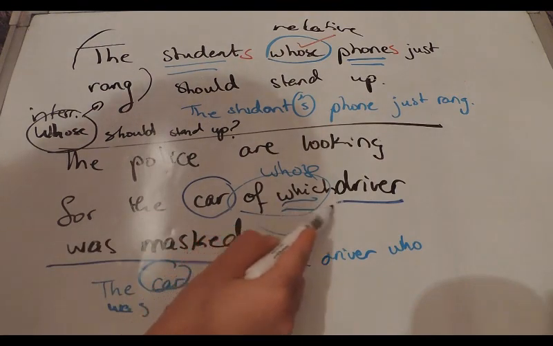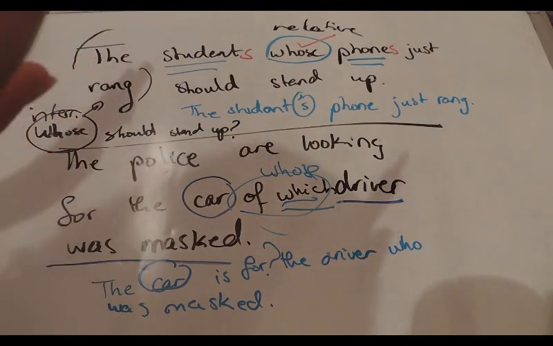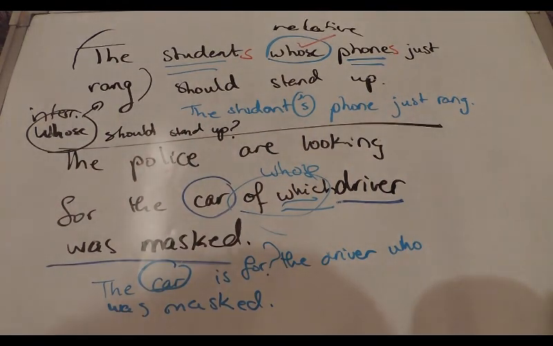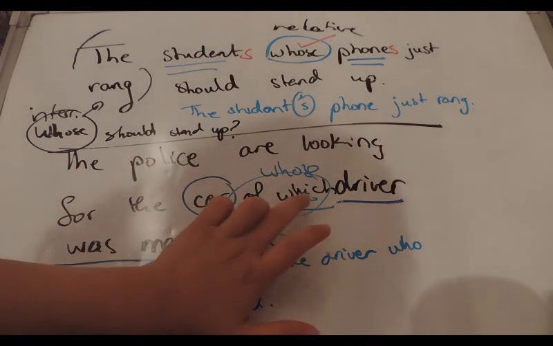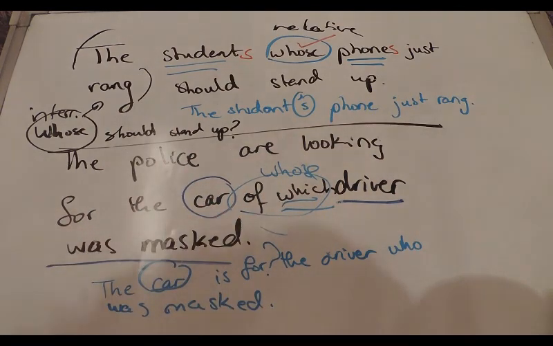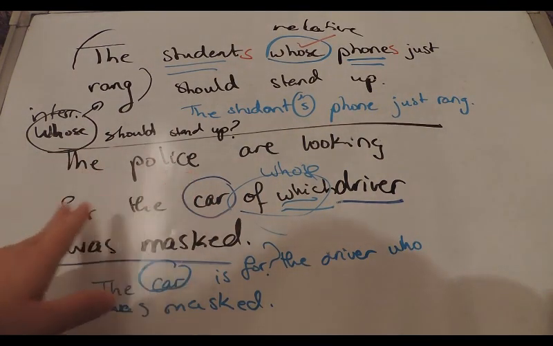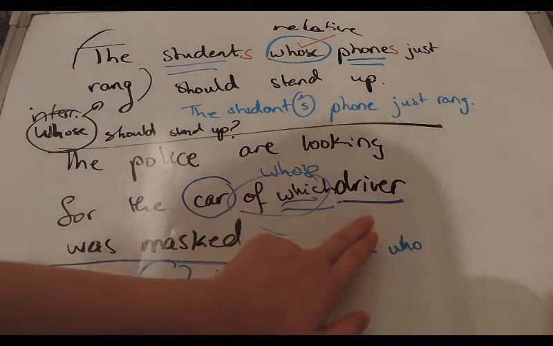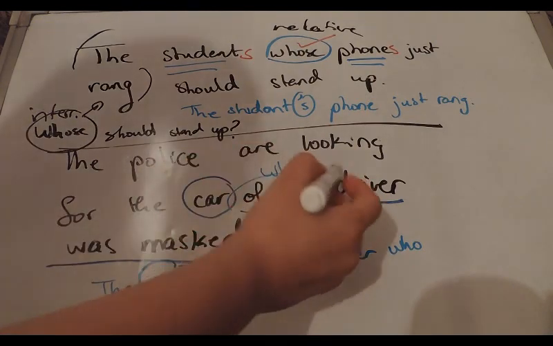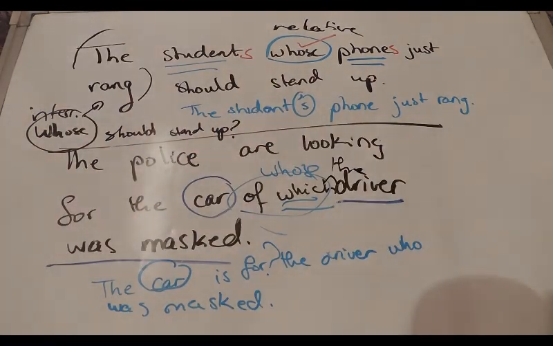Of course, which is a relative pronoun, but which does not play the role of whose. Do not mix up, do not put which alone. You can only replace whose with of which, not which. So of which has the same meaning. The police are looking for the car of which the driver was masked. Yeah, I need to add the here. And now we have a complete sentence, a complete meaning.